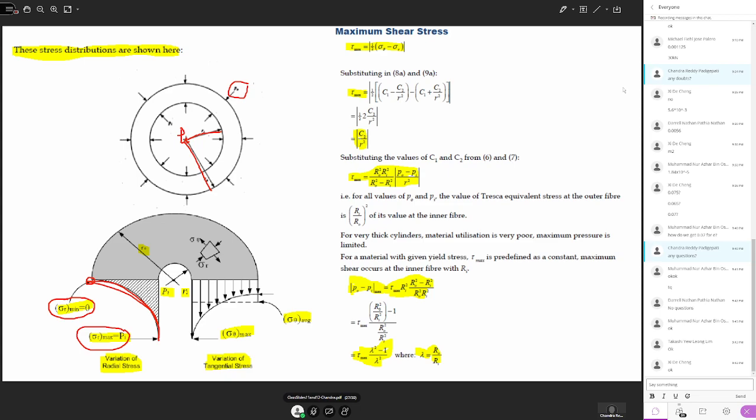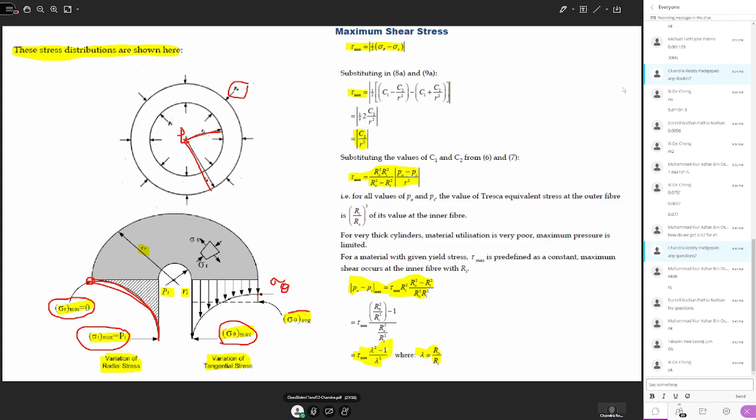Whereas for the tangential stress, as you can see here, the maximum tangential stress always occurs at the inner radius. But this stress will not be zero at the outer fiber. At the outer radius there will still be some amount of tangential stress left.